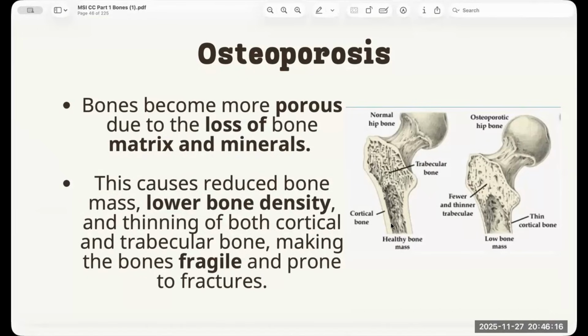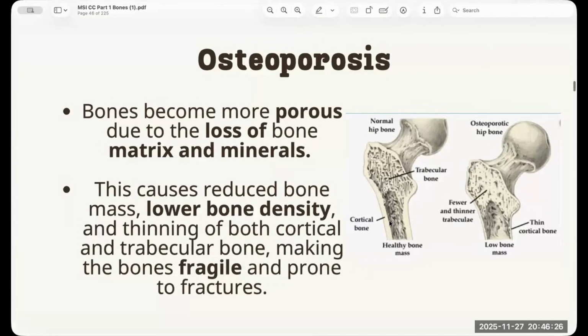This makes the bones more fragile and prone to fractures, which I'm pretty sure makes sense. These pictures here show how the cortical bone in a healthy bone looks, and how it looks in low bone mass, which is an osteoporotic bone. So there's thin cortical bone and thinner trabeculae.